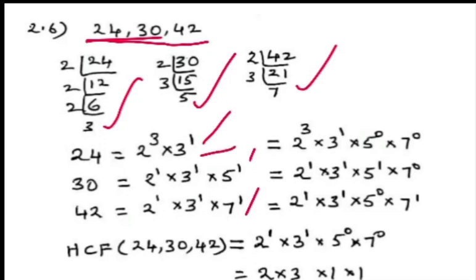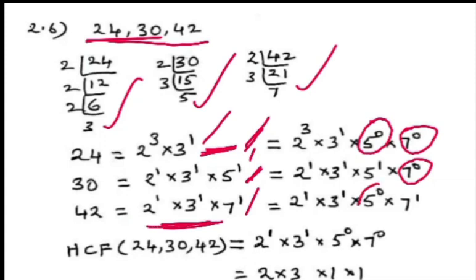Here 5 is missing. So we note down 5 power 0. And 7 is also missing. So we note down 7 power 0. Here there is no 7. So we note down 7 power 0. And here 5 is missing.